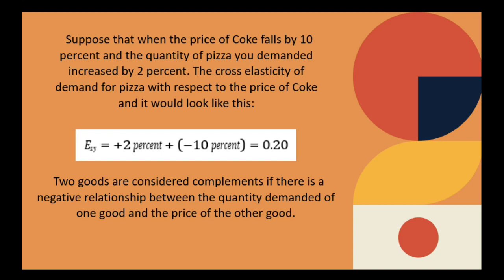Hence, the cross-price elasticity of demand for a complement is negative. A fall in the price of a complement brings forth an increase in the quantity demanded of the other good. In other words, the quantity demanded of a good and the price of one of its complements change in opposite directions.